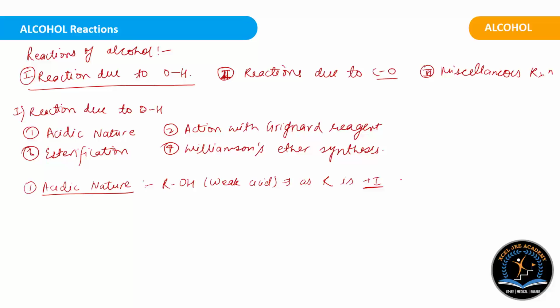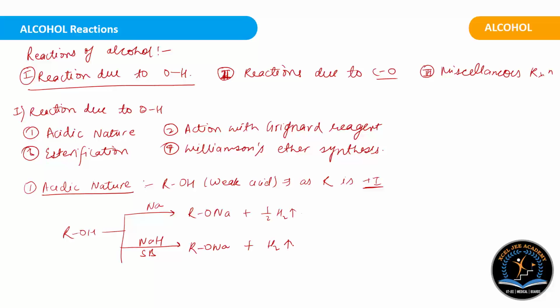So this is ROH in a reaction with the first one, that is metal, sodium. So it will be forming RONa. Along with that, it will be releasing hydrogen gas. Then the second one is the reaction with NaH, which is referred to as a strong base. So again it will be forming the same thing, RONa, and again hydrogen will be released.